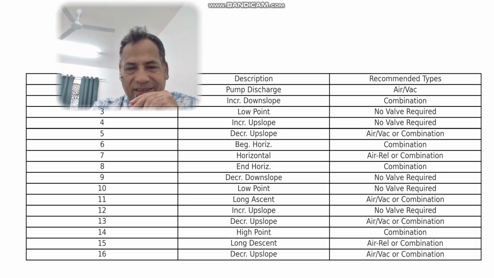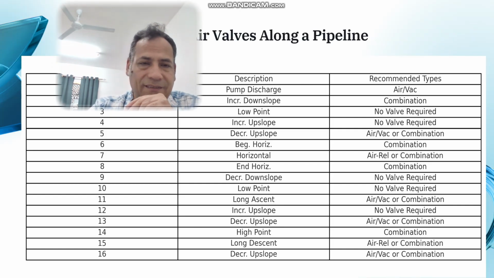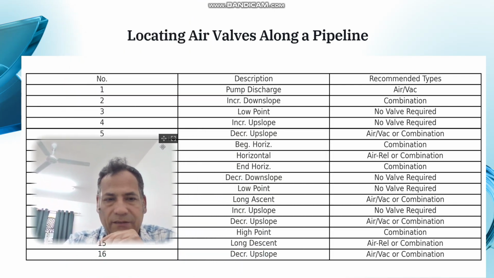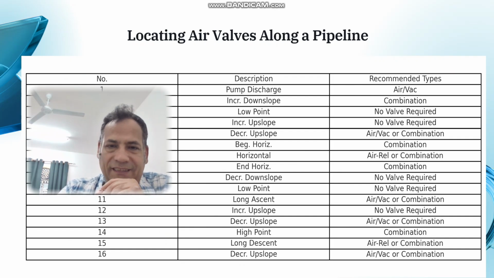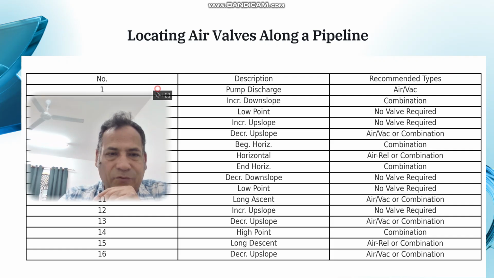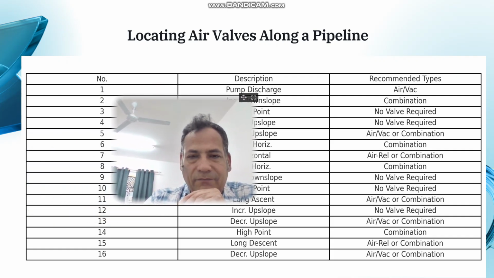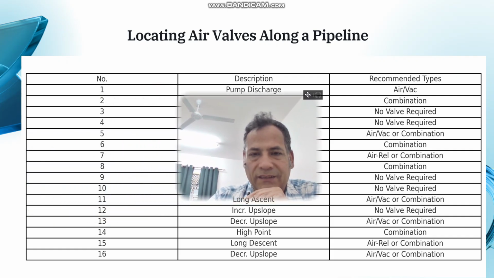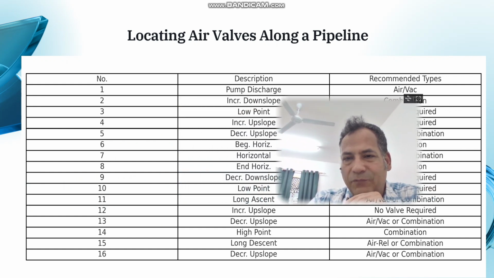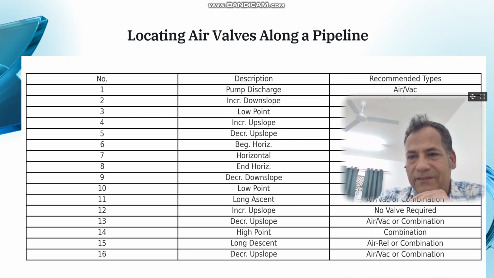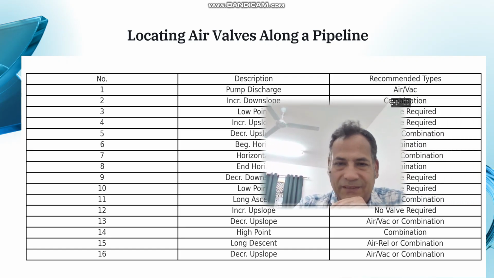Now we will discuss and explain more. This table shows locating air valves along a pipeline. In point 1, the pump station, where the pump discharges, the recommended type is air vacuum.